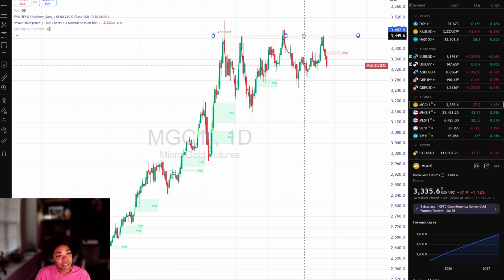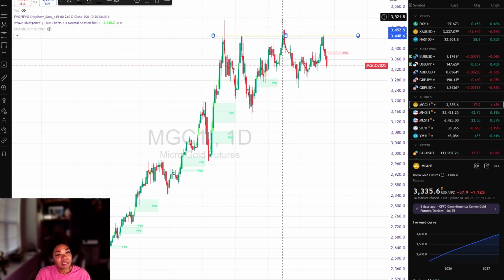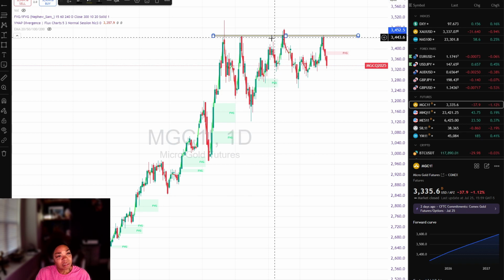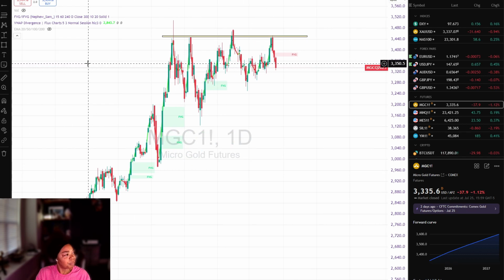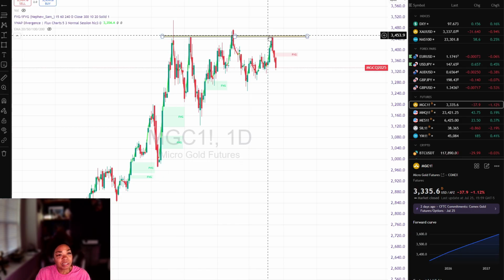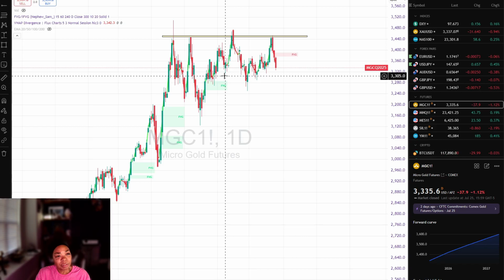Okay, so it has 3 touches here, and then that touch on the outside was a strong bearish, well, it's bullish, but it's still red. So I believe that was kind of like a little fake out here. But we're trying to see if these 3 taps are going to hold or if it's going to go below.